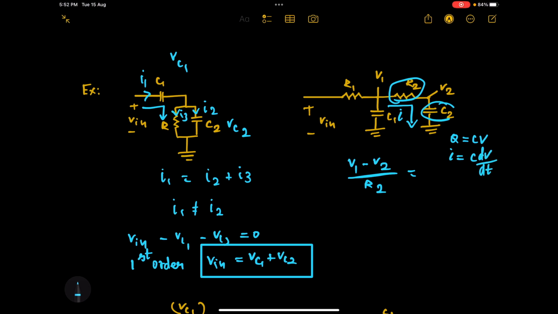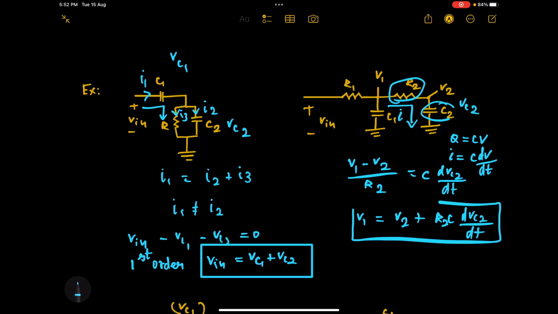We'll assume the voltage across the capacitance is VC2. So this I and this I are the same, which brings us to the relationship that this is equal to C times dVC2 by dt. If you rearrange these terms, you get V1 is equal to V2 plus R2C times dVC2 by dt.